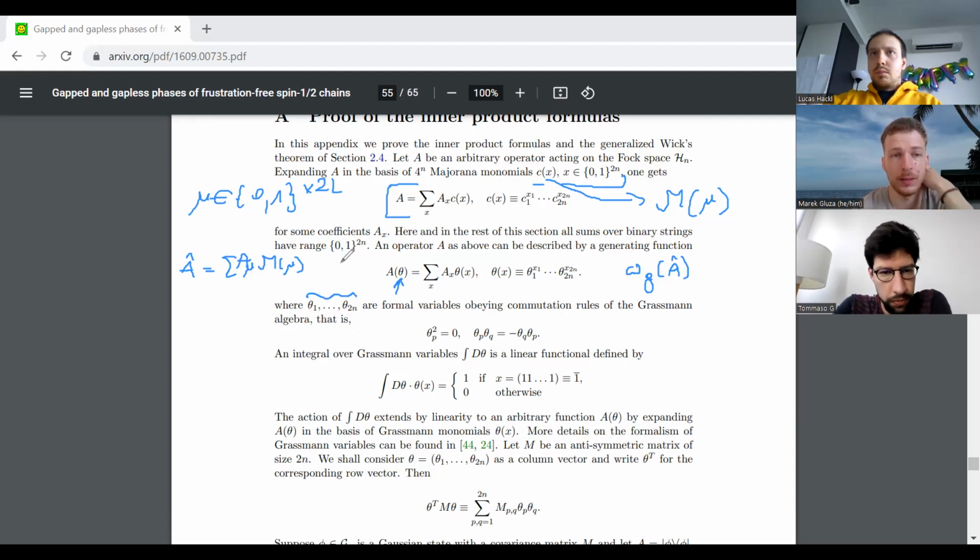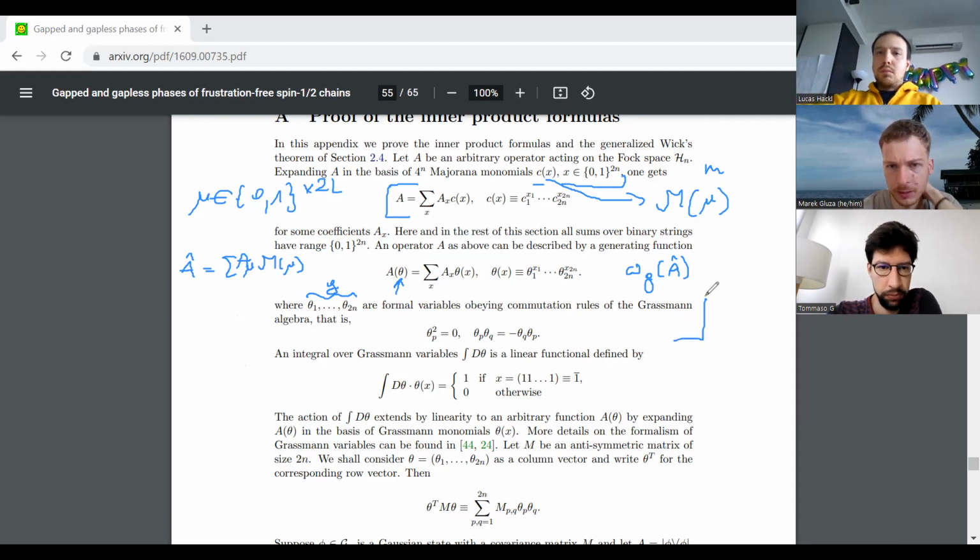Here the Grassmann numbers are taken to be theta. I was taking G for Grassmann numbers and then M for Majorana operators. And then F I have for fermionic operators usually.